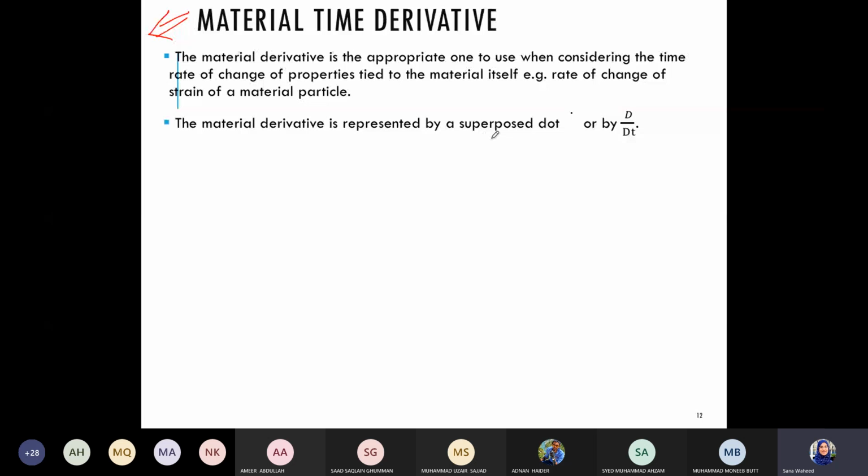Or to make it even more clear, sometimes we refer to it like so, using a capital D, capital DT. Now, please note that this is still a partial derivative with respect to time.